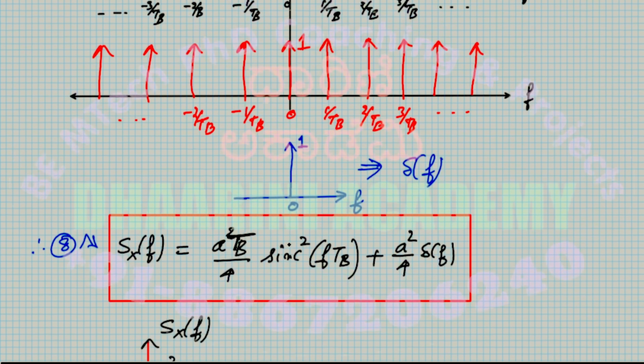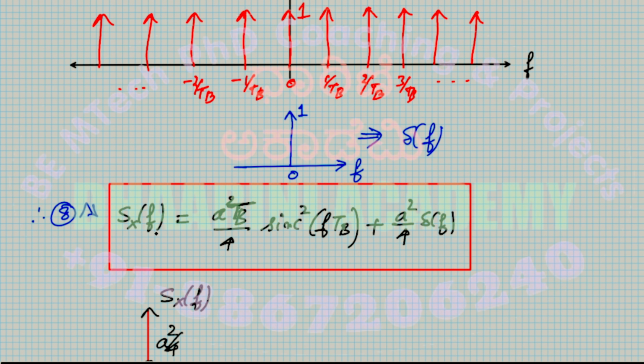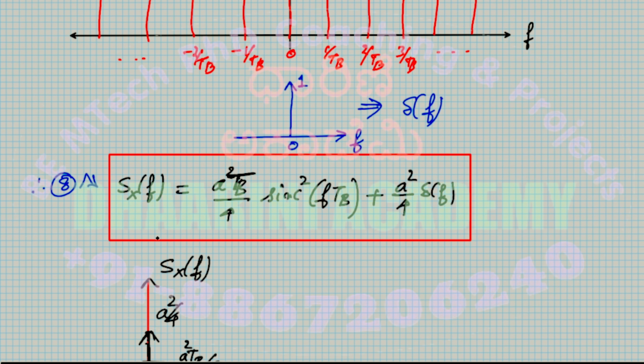Correct? So you see, this is the Sx of f, which is the power spectral density. So A square capital TB by 4 sinc square of FTB. That's the original first term which we have had since the beginning, right? Only right now, after simplification of that product, we got delta f and we replaced it with A square by 4. So the delta function gets scaled by A square by 4.